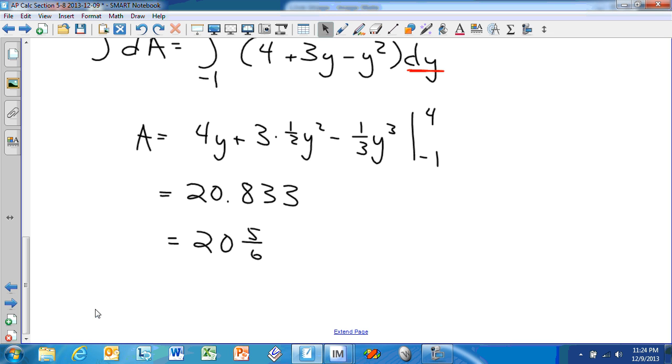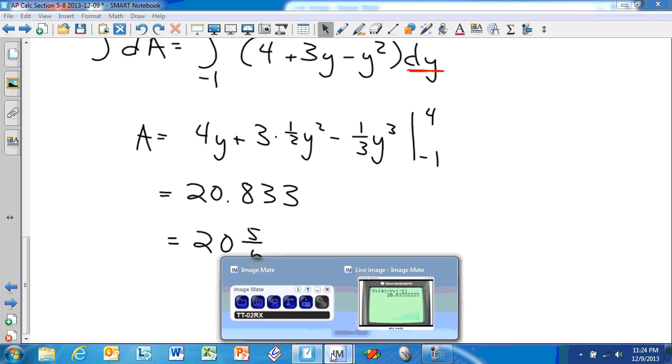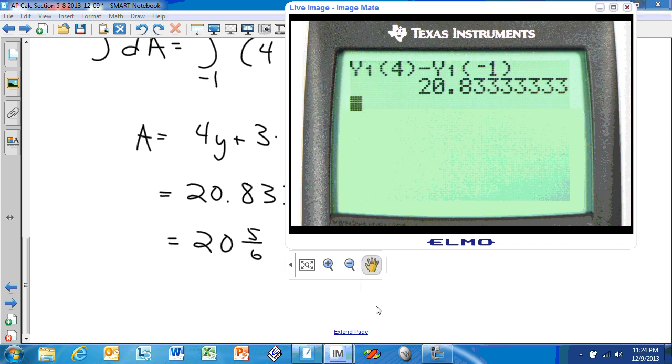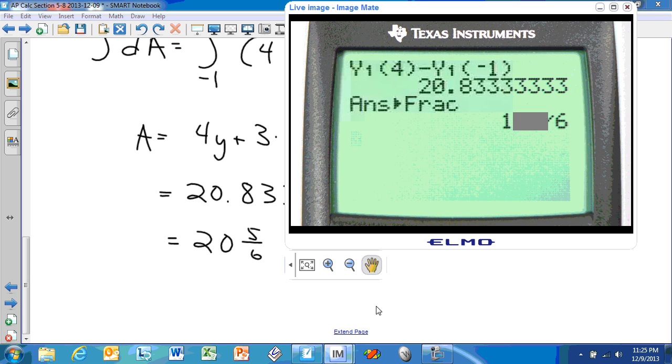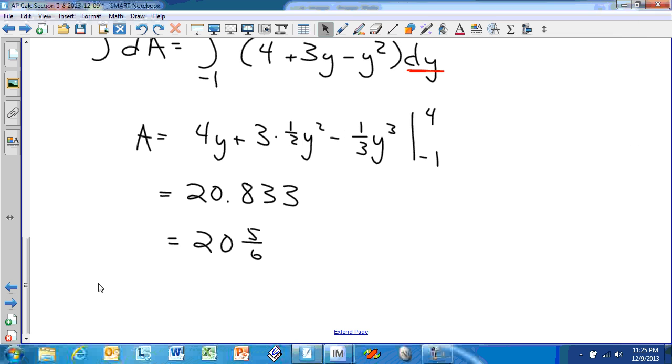You can double check that on your calculator if you want to, or in fact you have a way that you can convert that over to a fraction. If you go to your math menu, and then go to this display as fraction button, you'll write it as 125 over 6, which simplifies down to 20 and 5/6. So you can write it either way. All right, that's the end of our section here.